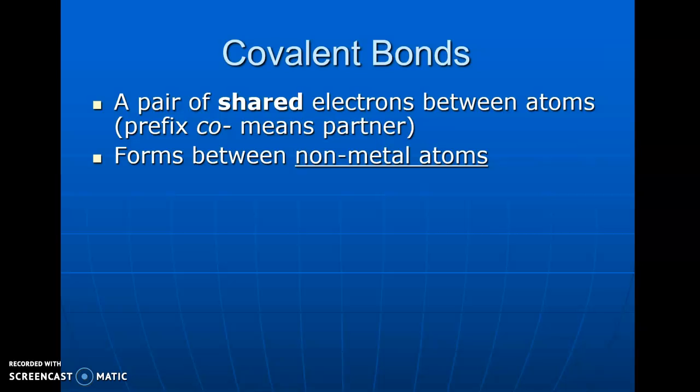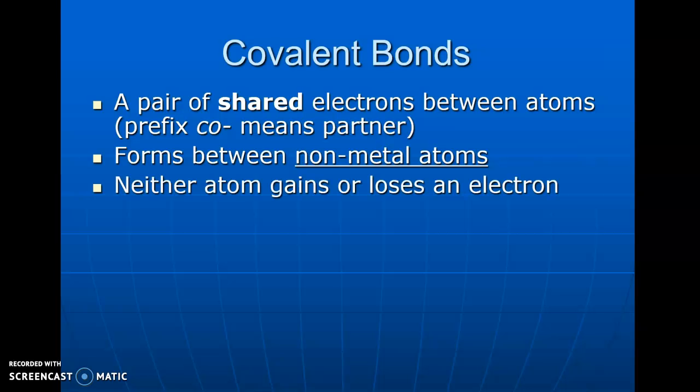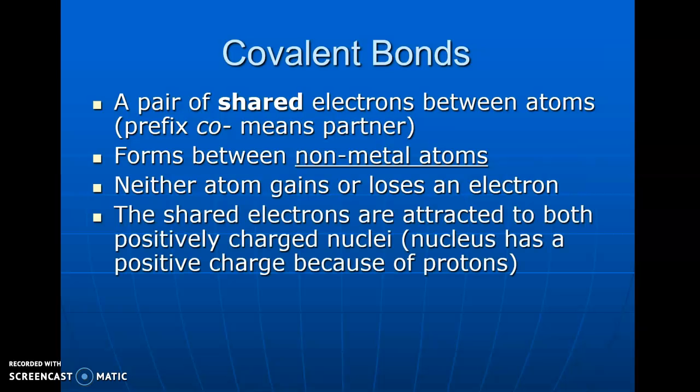These bonds, as I mentioned already, are going to form between the nonmetals because the nonmetals have a nearly filled valence shell. Neither of the atoms involved wants to give away their electrons. They only want to gain. So by sharing, neither has to.